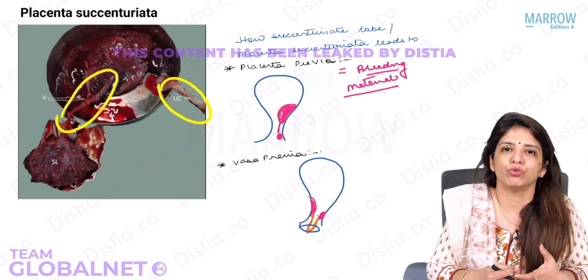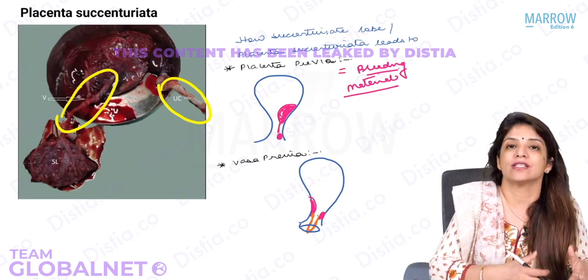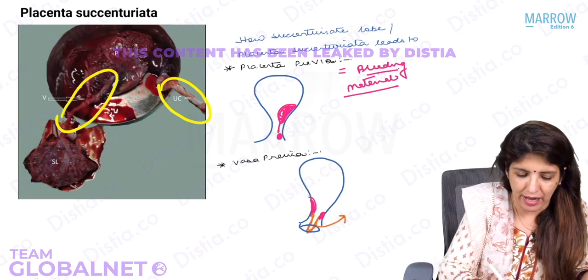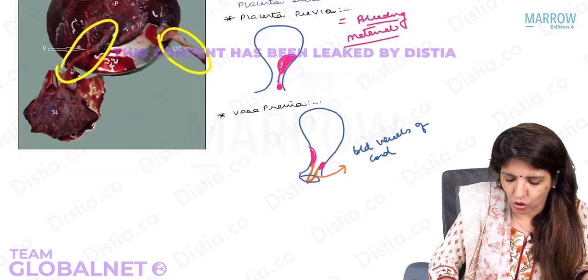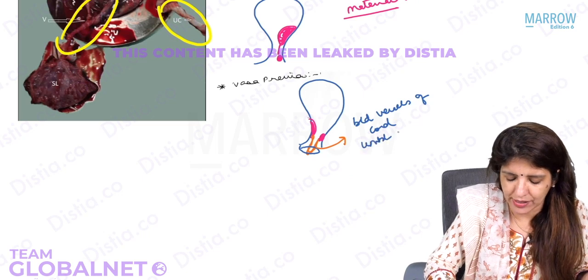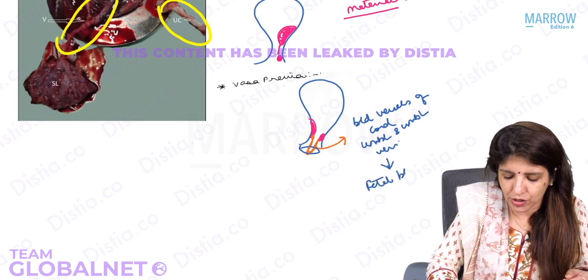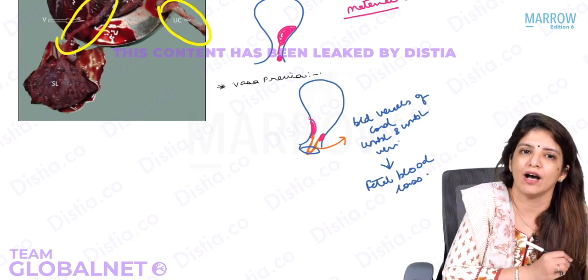And all of you know that the umbilical cord has the umbilical artery and umbilical vein, which carry fetal blood. So these vessels are actually the blood vessels of the cord. So when this ruptures, it is going to lead to fetal blood loss. And whenever fetal blood loss happens, that is what is vasa previa.